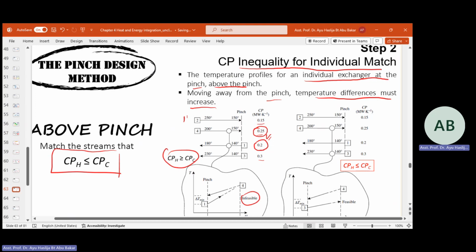Streams 2 and 4 are hot. Streams 1 and 3 are cold. Now, when you see stream 4 and stream 3, CPH 0.25, CPC 0.3, 0.25 is smaller than 0.3. So this one works.